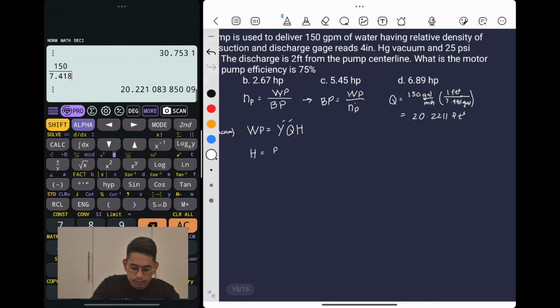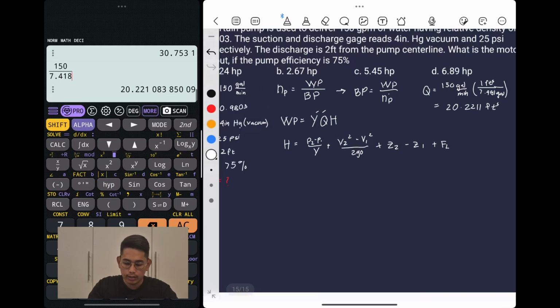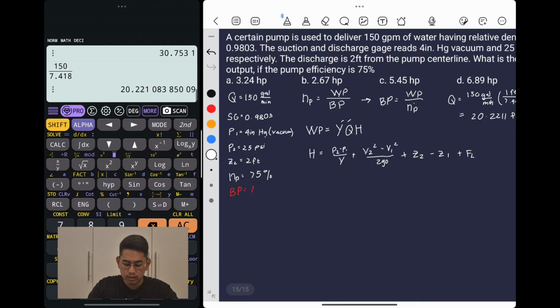Sa head naman, we have the pressure head plus the velocity head plus the elevation head plus the frictional losses. So, dito pala may nakalagay tayo discharge from 2 feet center line. So, discharge the elevation from the second state is 2 feet.